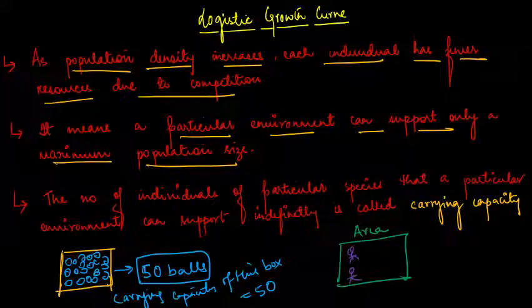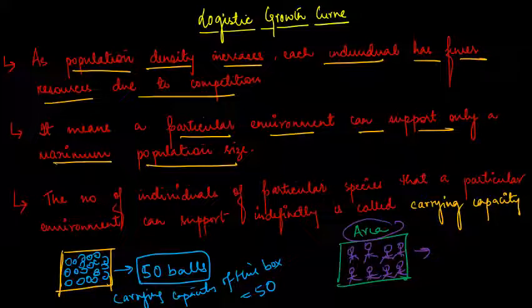These 2 first came and they utilized the resources, then they reproduced and increased the number. Now what will happen? See here, the area is fully occupied now by the living individuals. No more individuals can be added to this. So this is what we call the maximum carrying capacity of this area. That means we cannot add more than this.